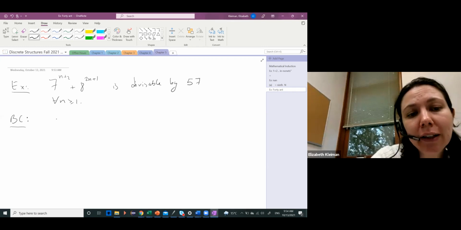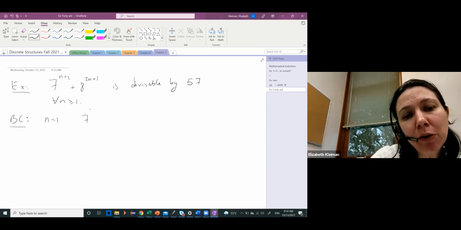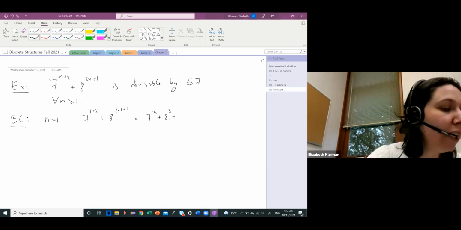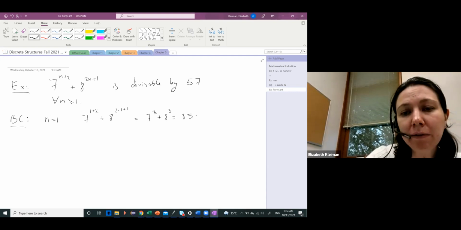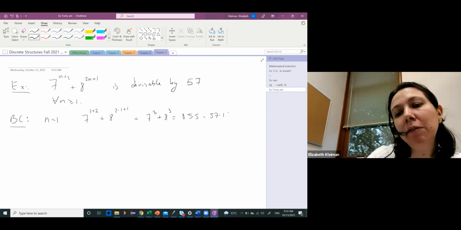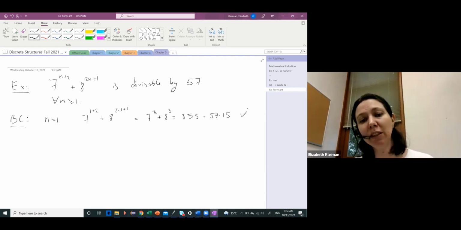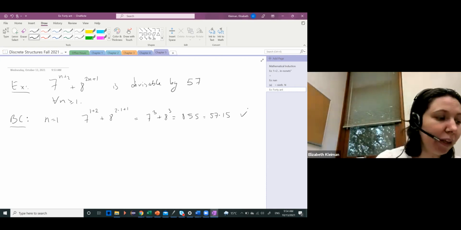So for n equal 1, we have 7 to the power 1 plus 2 plus 8 to the power 2 multiplied by 1 plus 1, which is 7 to the power 3 plus 8 to the power 3, which is actually 855, which is 57 multiplied by 15. So guess what? Divisible by 57.